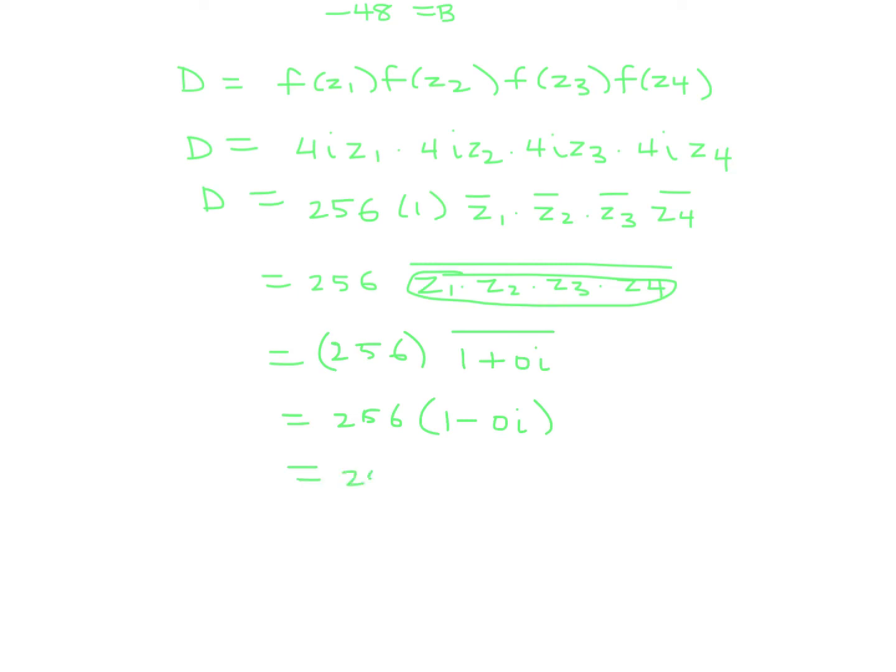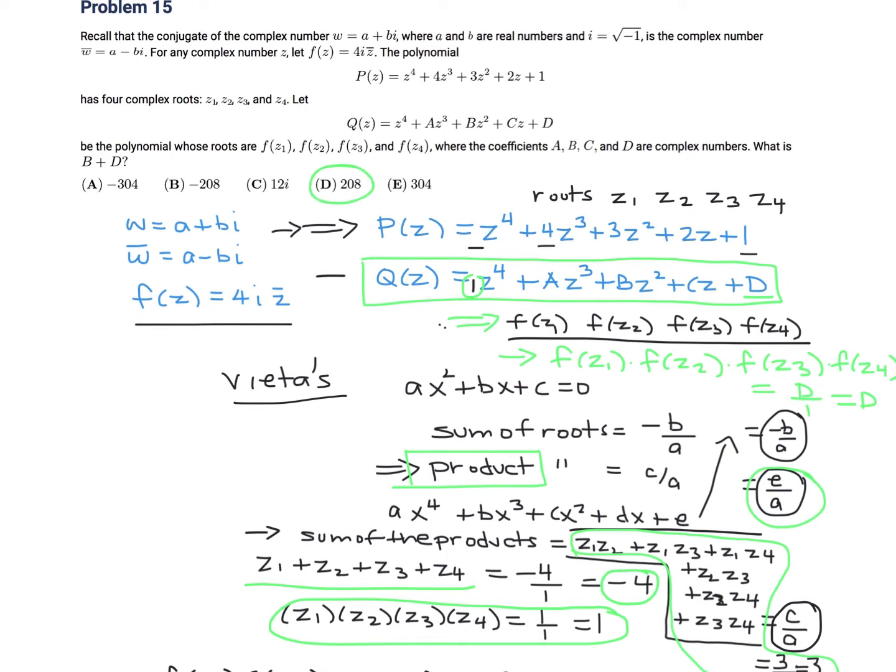And that's just 256, because 0i is just 0. So there we go. We got D. B we have, and D we have, so it's minus 48 plus 256, which I believe is 208. And that is D from the answer choices right here for number 15.